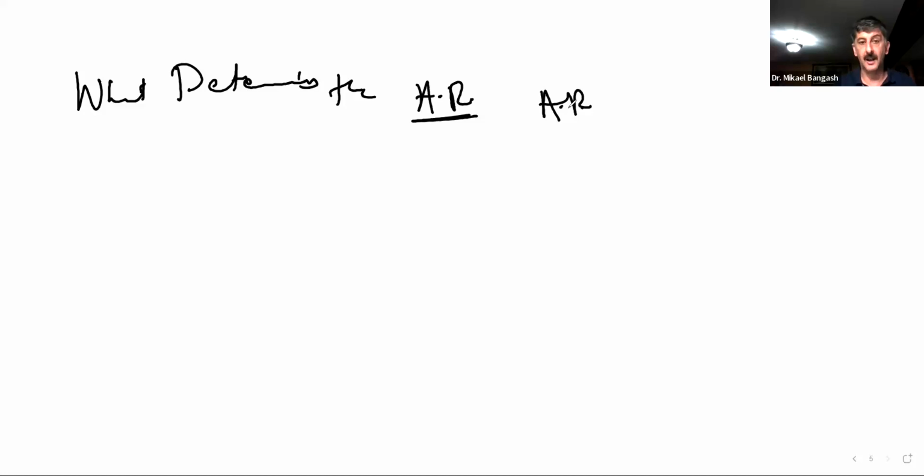It doesn't mean automatic rifle. That's just my abbreviation for axial resolution. So what is going to determine your axial resolution, or to be more accurate, the numerical value of the axial resolution?